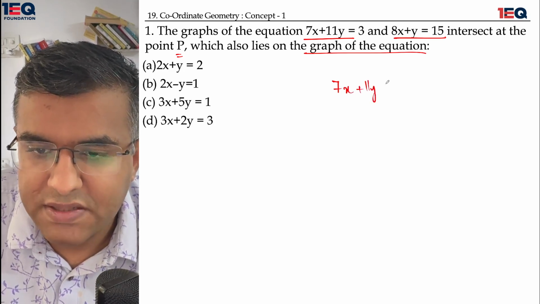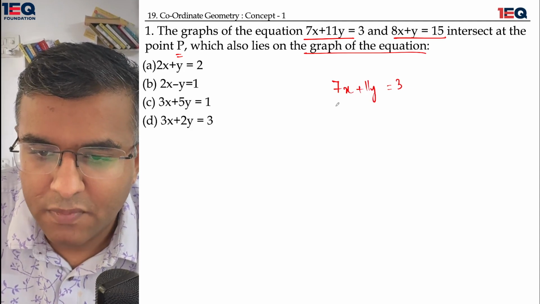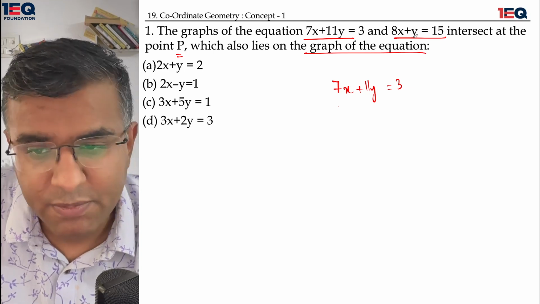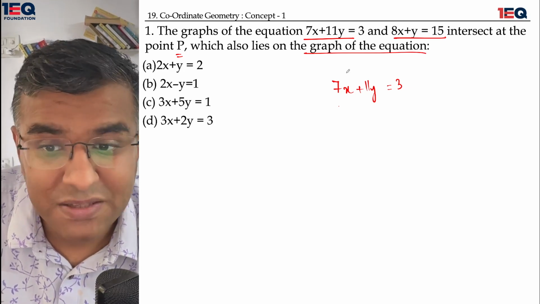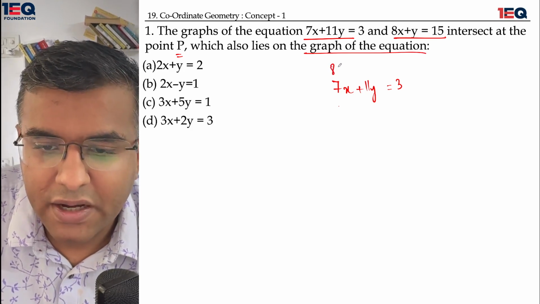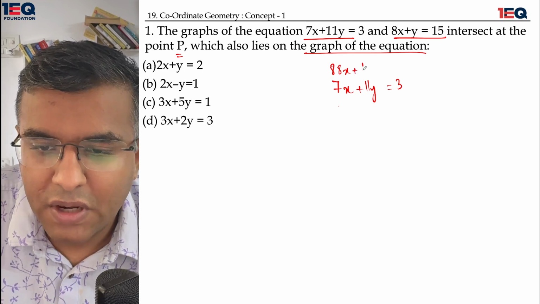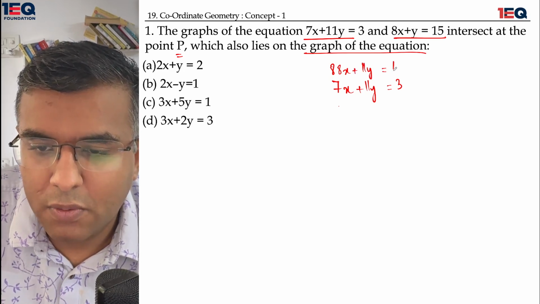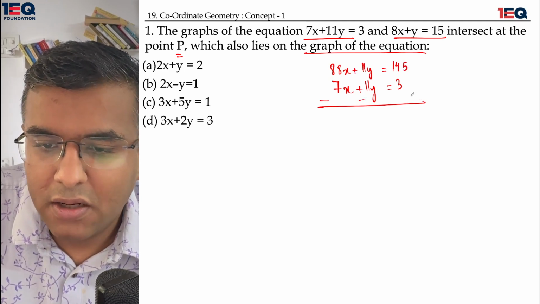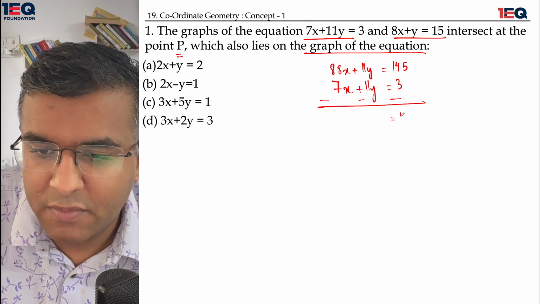7x plus 11y is equal to 3, and I have 8x here and y doesn't have a coefficient, so let me multiply the entire equation by 11, right? So I would get 88x plus 11y being equal to 165, right? I'll subtract everything from everything.